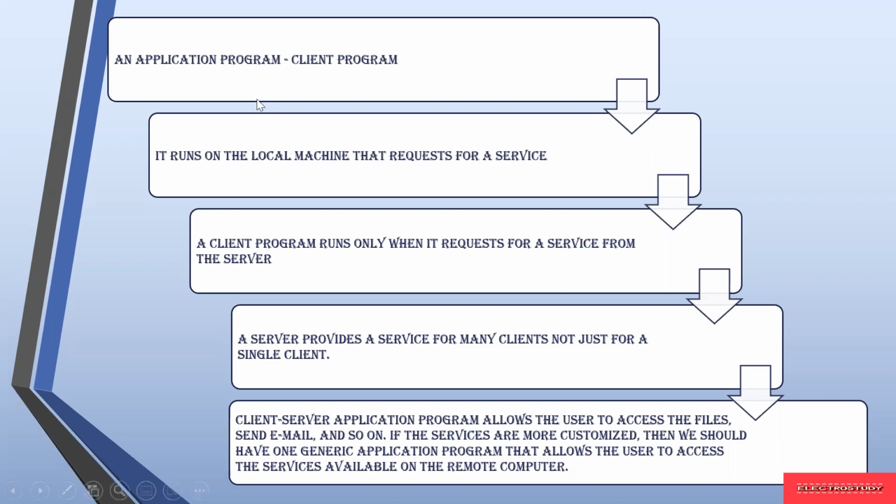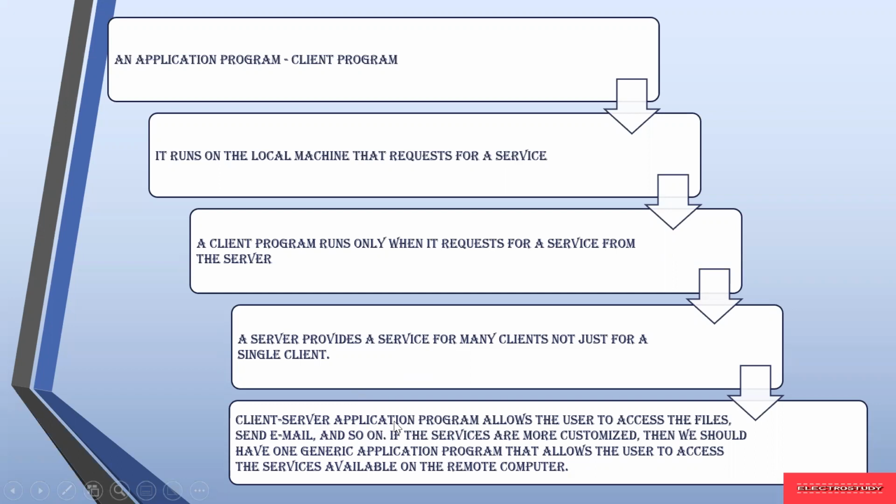The client program runs only when it requests services from the server, and the server provides services for many clients, not just a single client. Therefore we can say that client server always follows a many-to-one relationship. Many clients can use the services of one server.